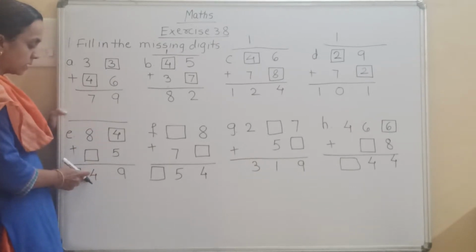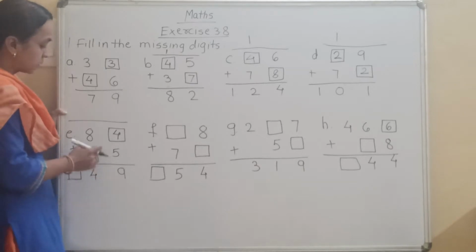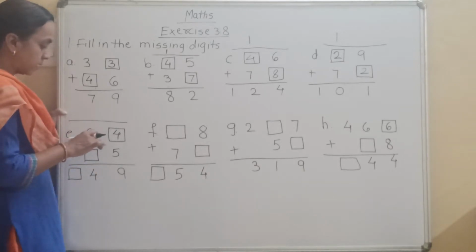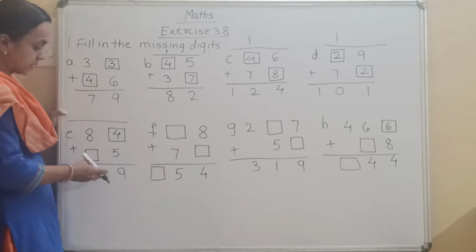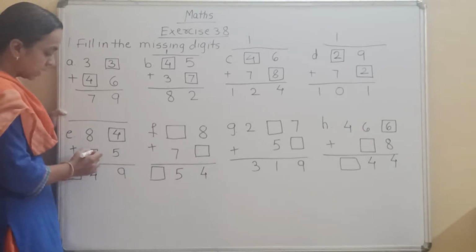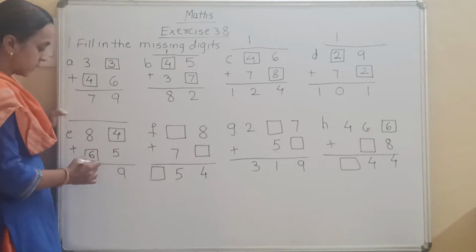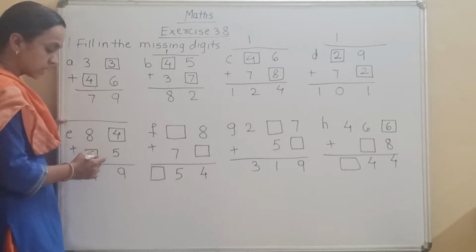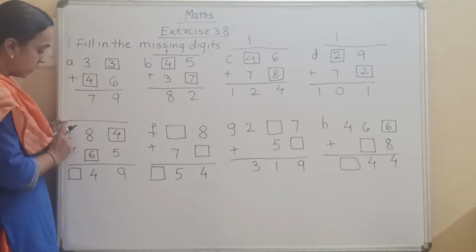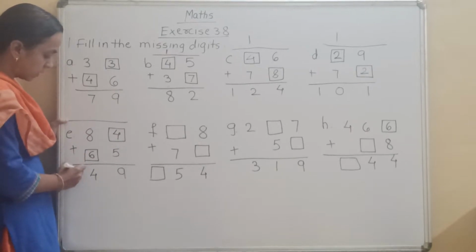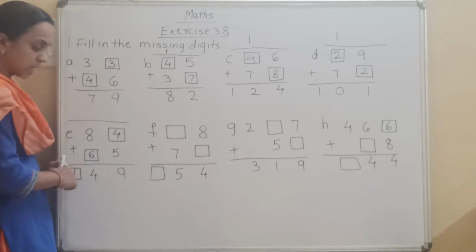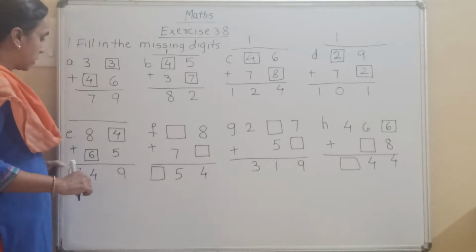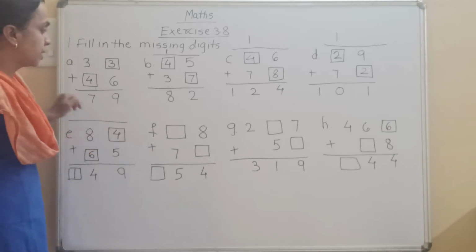Now this 4 means what? 14. So to 8, which number do we have to add? 8 plus 6, how much? 14. So you write down here 6. 8 plus 6, 14, and 1 carry we have to write down here in this box, because 1 plus nothing equal to 1. Okay, now see F question.